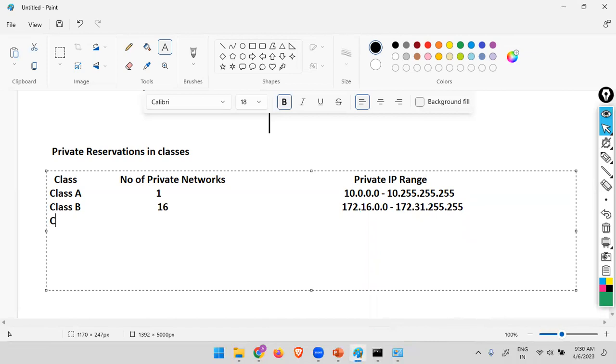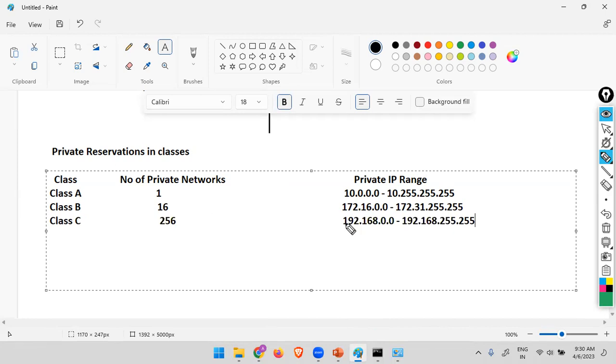In case of class C, total 256 networks are reserved. And the range starts from 192.168.0.0 till 192.168.255.255. Are these 256 networks? Check.